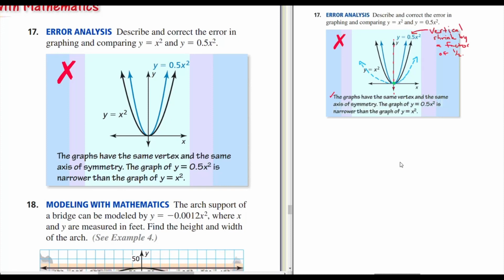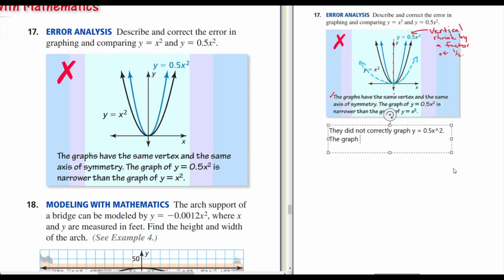So I'm going to say they did not correctly graph, I'll just have to write it this way, y equals 0.5x squared, where the caret symbol means squared.